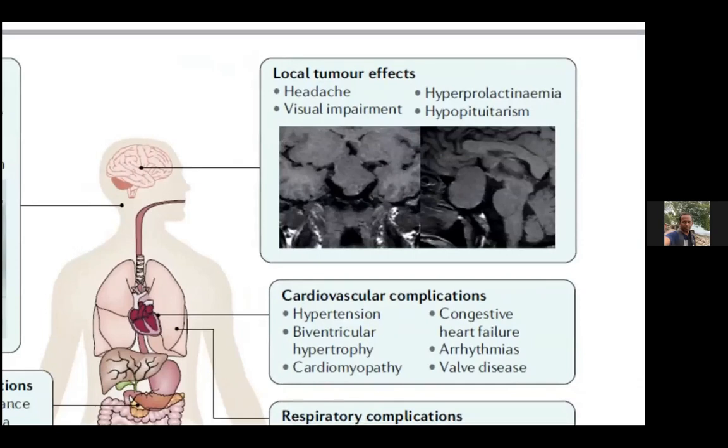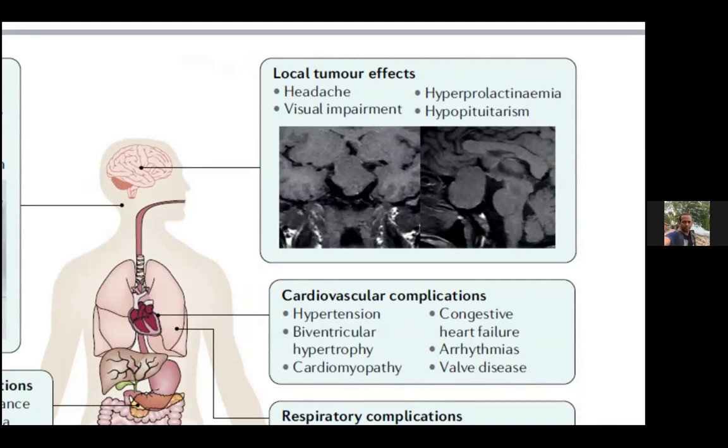When a tumor sitting there causes pressure over the optic chiasm, it causes visual impairment, typically what we call a homonymous hemianopia, wherein the person will not be able to see what's in both lateral fields. That means both temporal aspects of the visual fields are lost. That kind of visual impairment may be present.